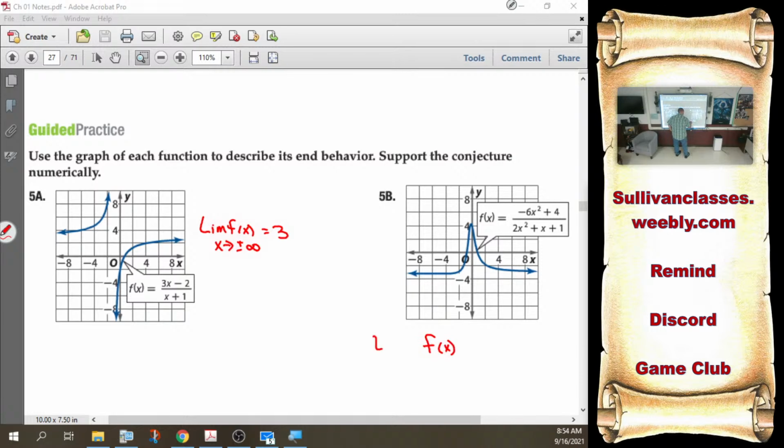Oh, wait. The limit of my function as x approaches both plus and minus infinity is -3. So, just dump it in your calculator, spam 9s. Okay.